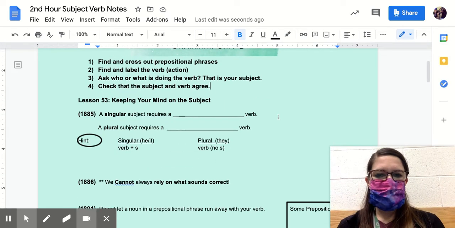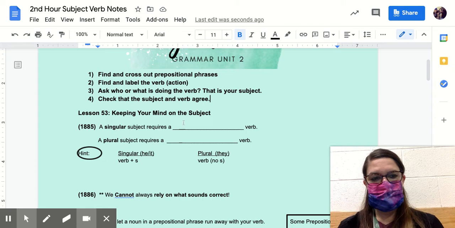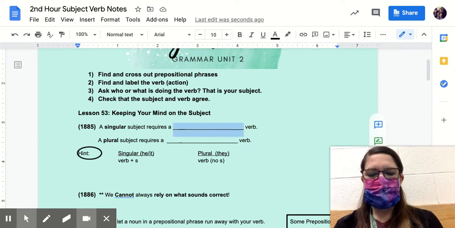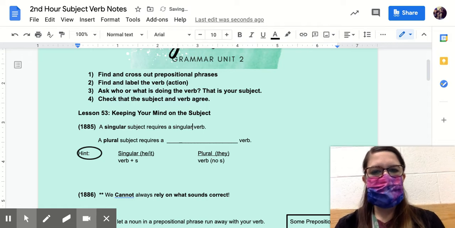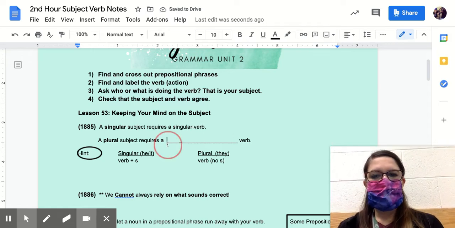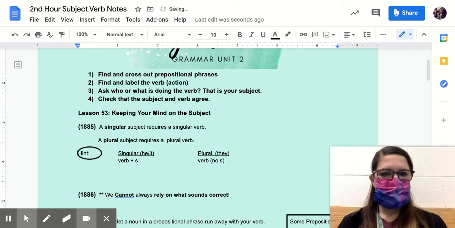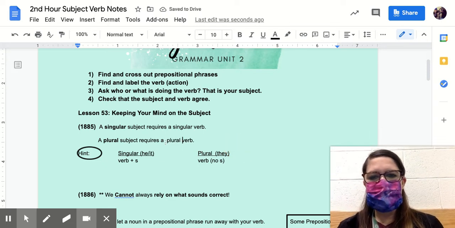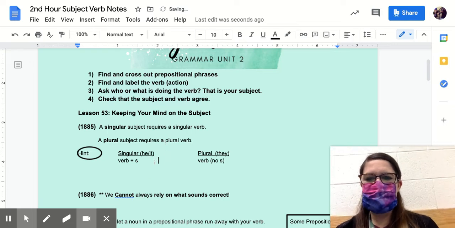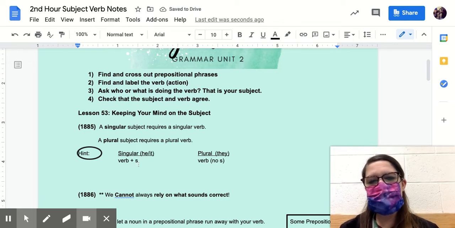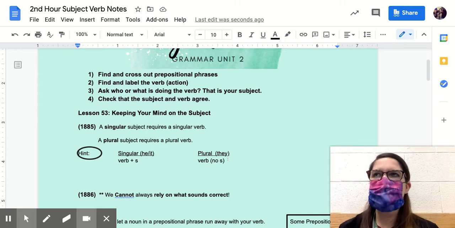What I mean by checking that the subject and verb agree, right here, a singular subject requires a singular verb. A plural subject requires a plural verb. Okay? And the tricky part is that singular verbs have S's at the end and plural verbs do not.